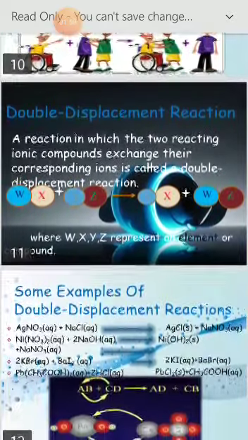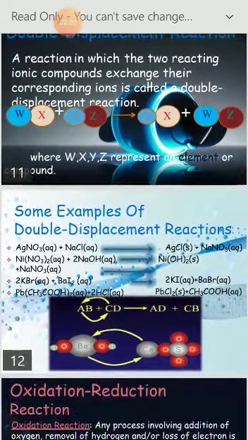For example, the reaction between silver nitrate and sodium chloride. Here silver and sodium mutually exchange their anions, and silver chloride is formed and sodium nitrate is also formed.